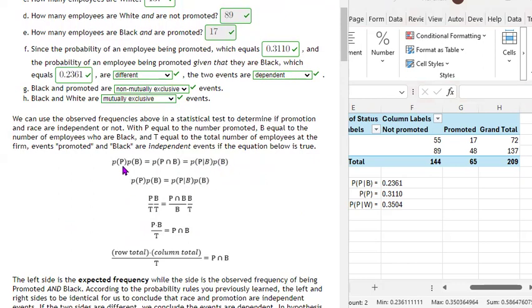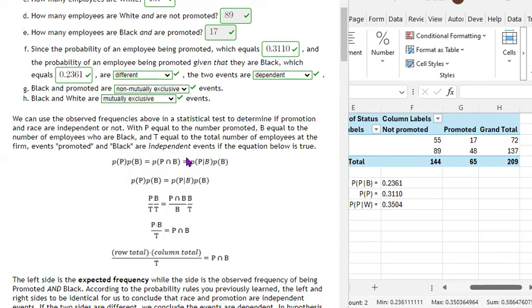One thing to note here is we've got the probability of promoted here, and we've got the probability of black here. Here we have the probability of promoted given black, and here we have the probability of black. So if promotion and race are independent, this probability here would equal that probability there. So this equal sign, the one on the left, assumes that promotion and race are independent.